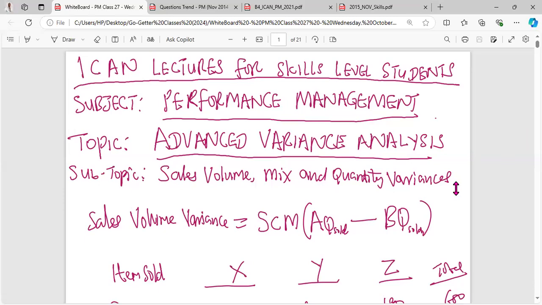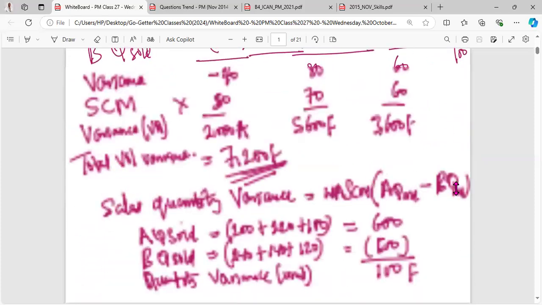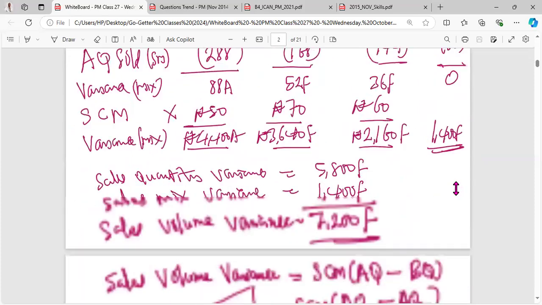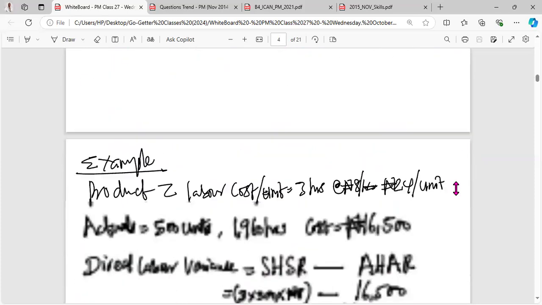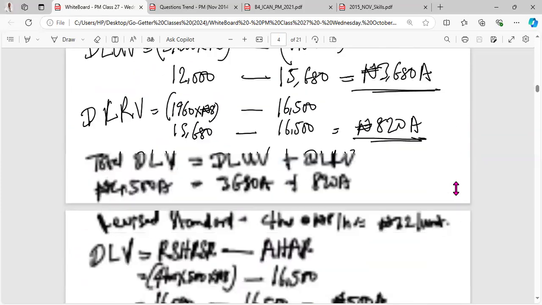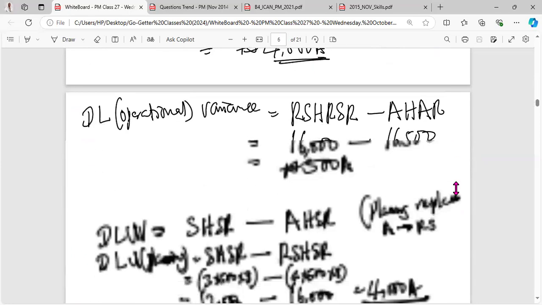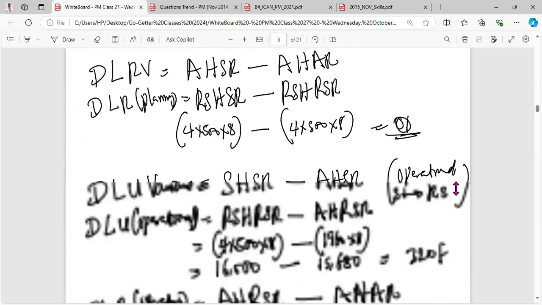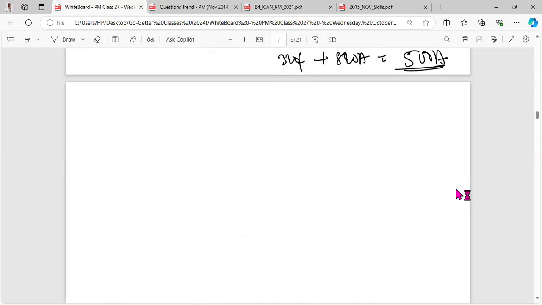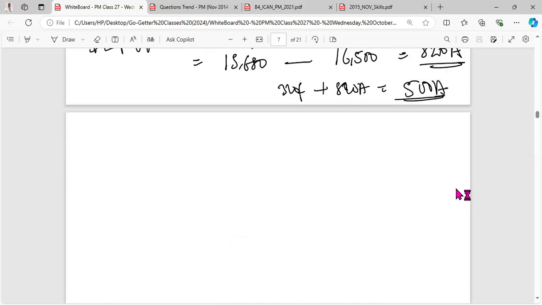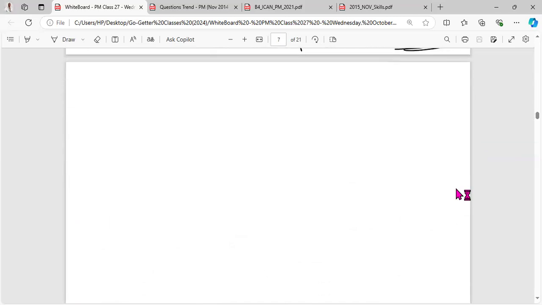Then we also went into planning and operational variances. And I gave us a particular formula for us to determine how to know your planning and operational variance.